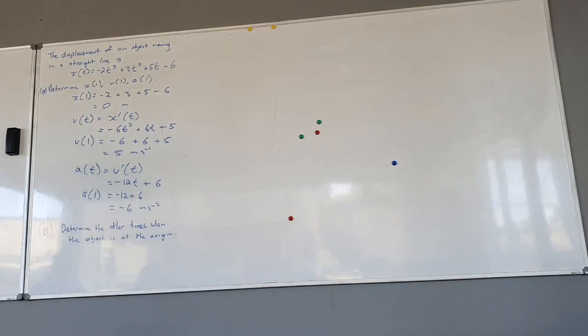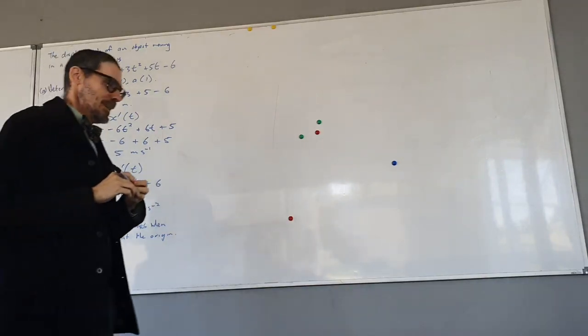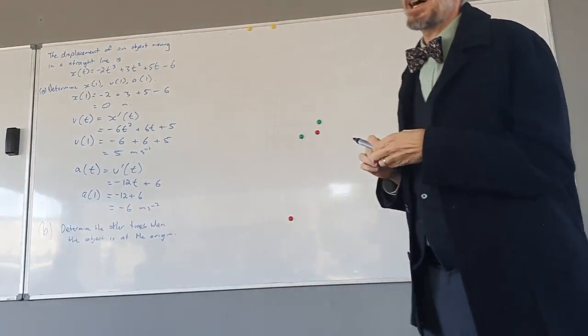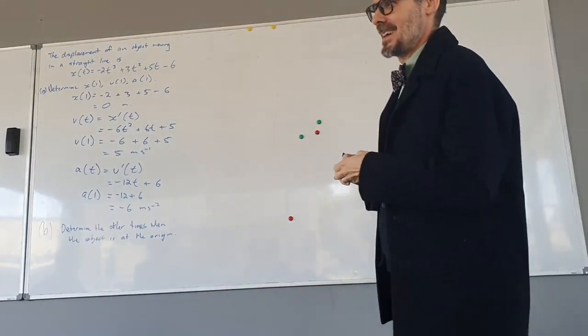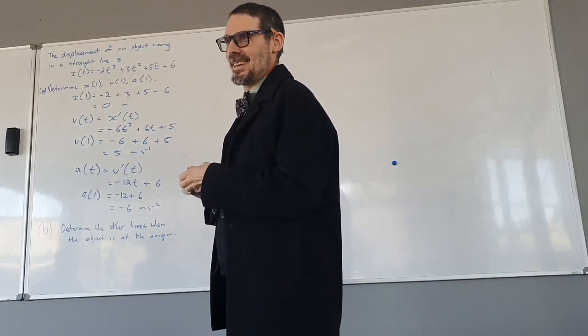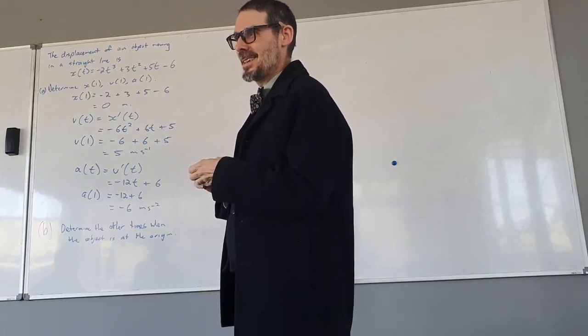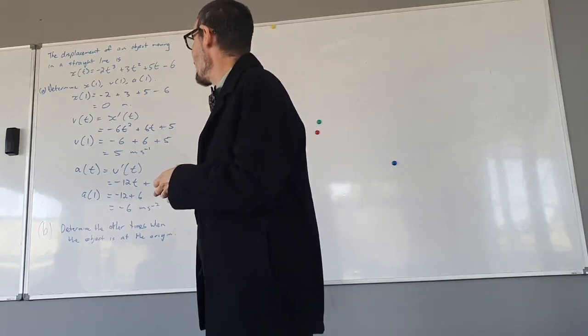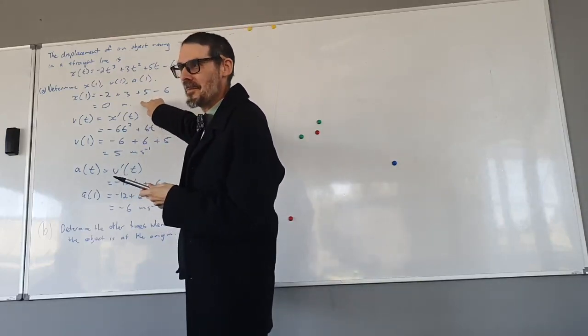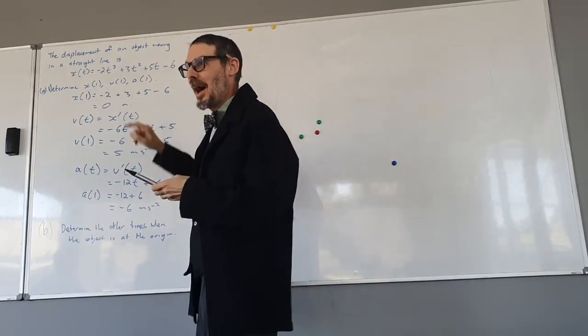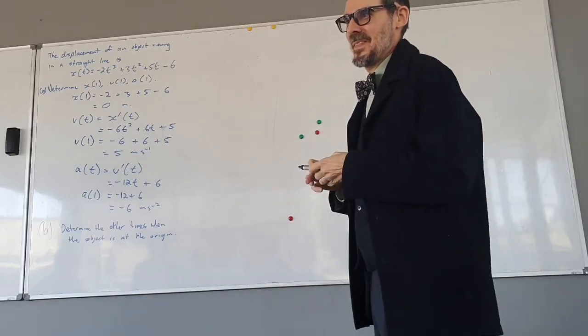Set displacement equal to 0 and try to solve. Can you do that? We haven't actually done this little bit of it, have we? Long division? We learned long division in methods, but don't you need a factor? You can do it without a factor.